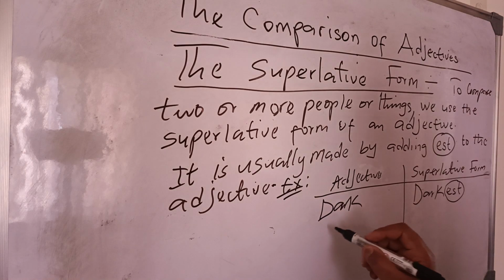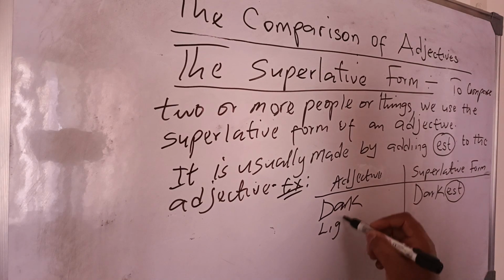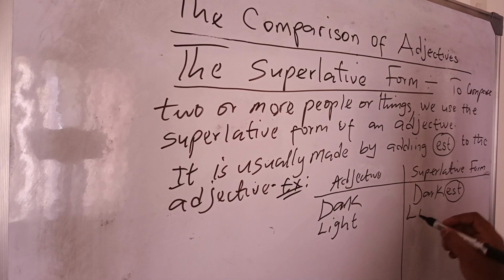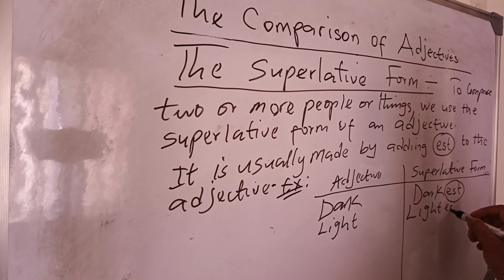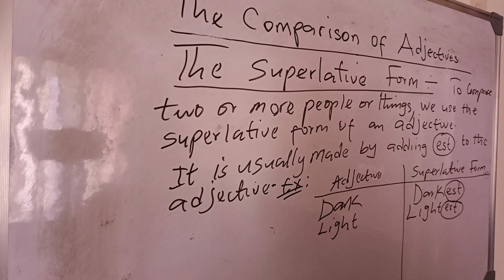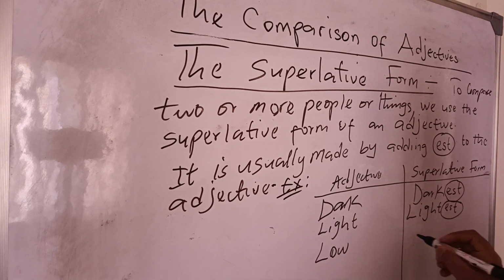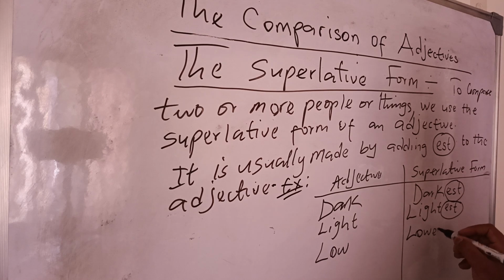If we have light, if you add the est, it becomes what? Lightest. If you have low, you add the est, it becomes what? Lowest.